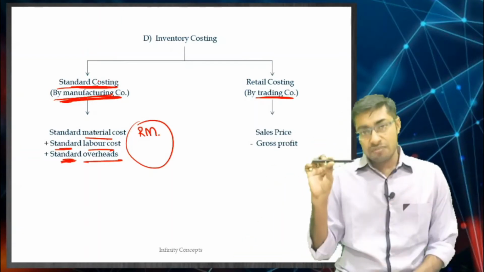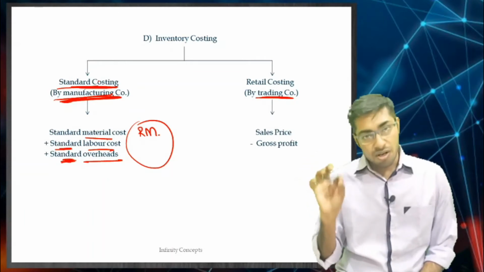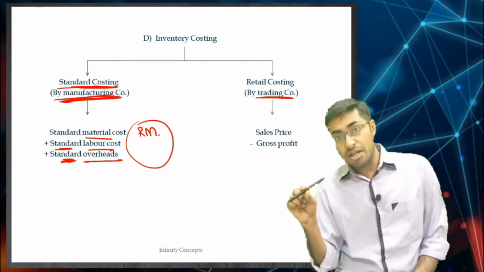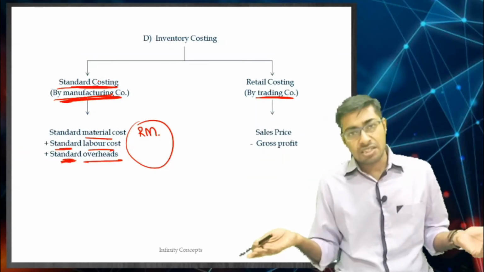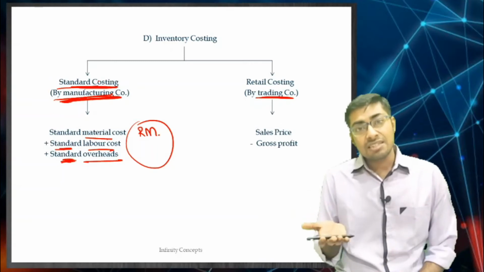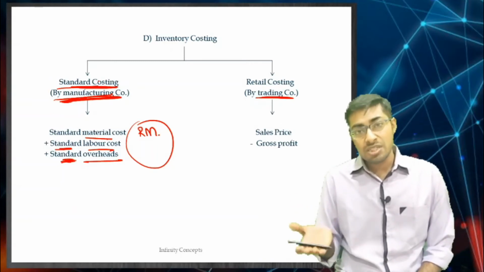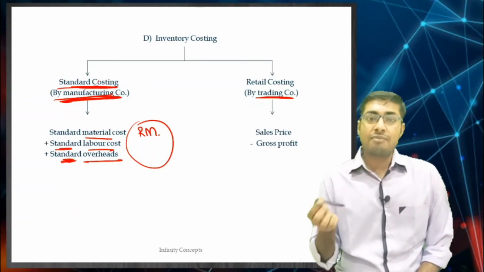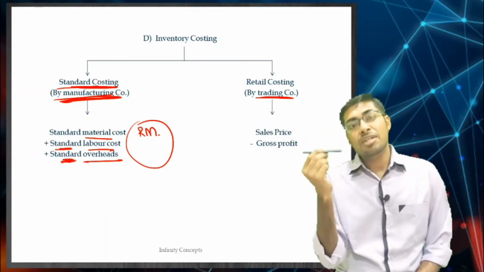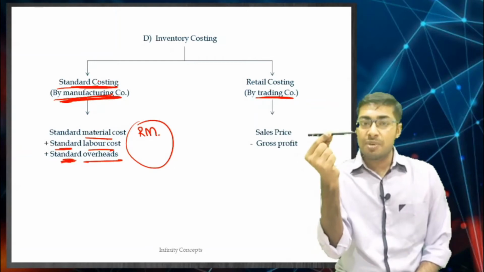If the cost of this pen is $100, I may sell it for, say, $300 in the market. I am having a huge margin. So what? But at what price will I keep this in my balance sheet? What will the closing stock value be? For this one particular pen, I will have to calculate the cost.